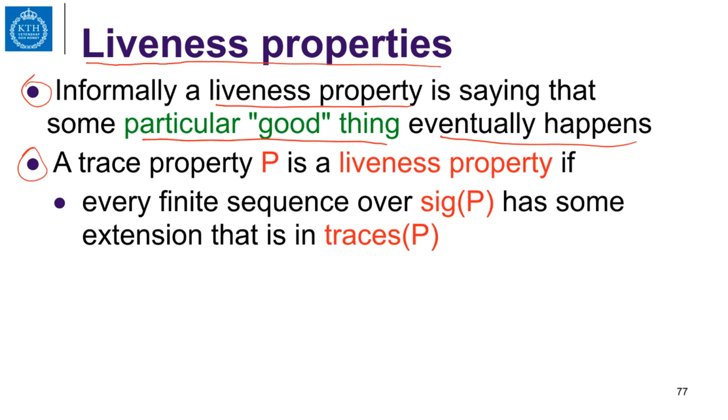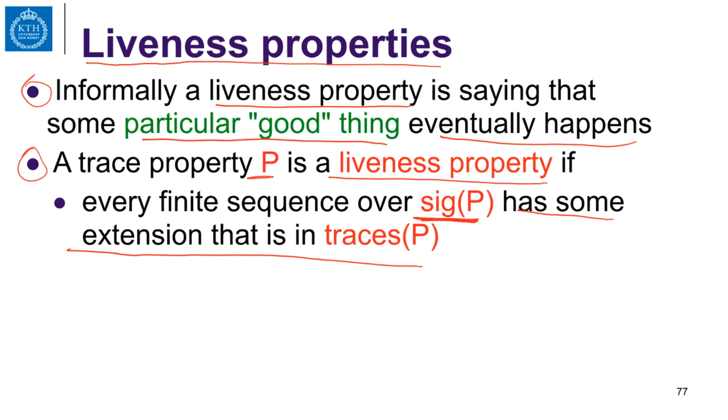A trace property P then is a liveness property, so a trace property is a set of sequences as you know, if every finite sequence that has P's signature has some extension that is in the traces of P. What we are saying here is, if we take any finite sequence, no matter what has happened up to this point, it is possible to take this finite sequence and extend it.